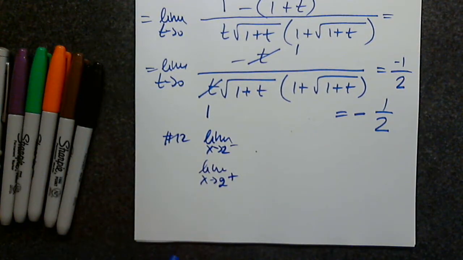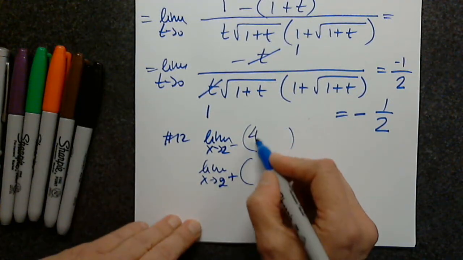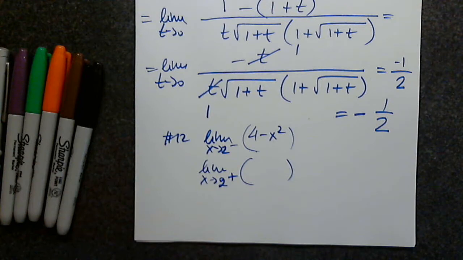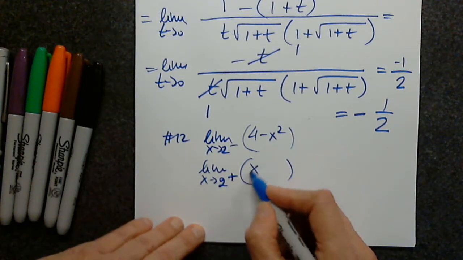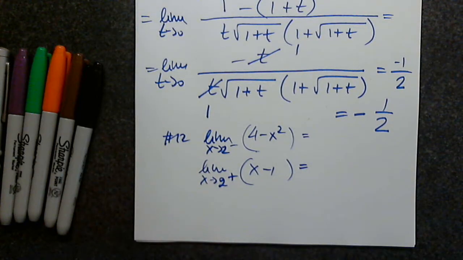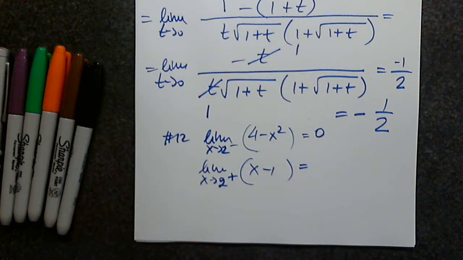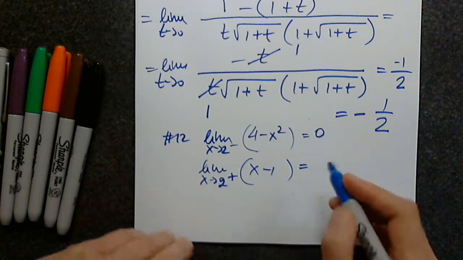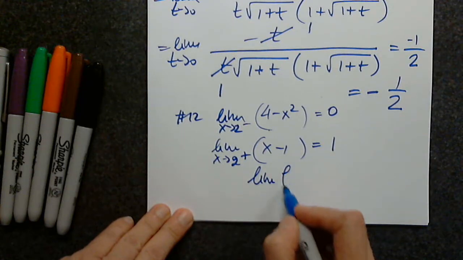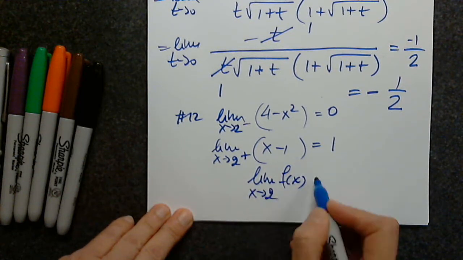Can anyone give us the function from 2 from the left? 4 minus x squared. Can anyone give us the function from 2 from the right? X minus 1. Can anyone give us the limit for the first one? 0. Can anyone give us the limit for the second one? Can anyone tell us the limit of f of x as x approaches 2 from either side?